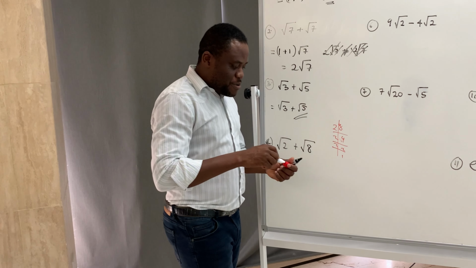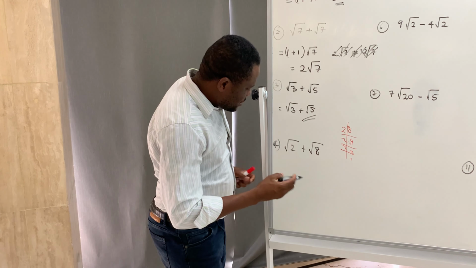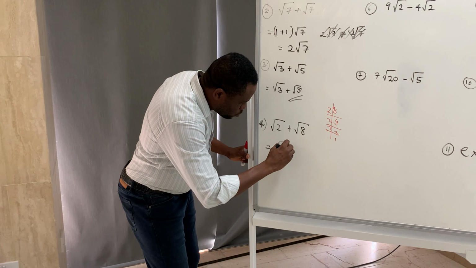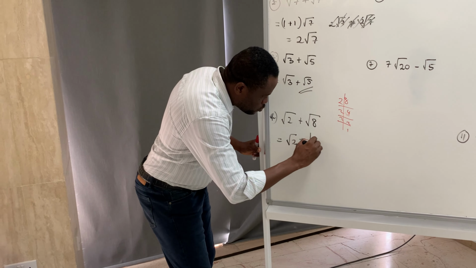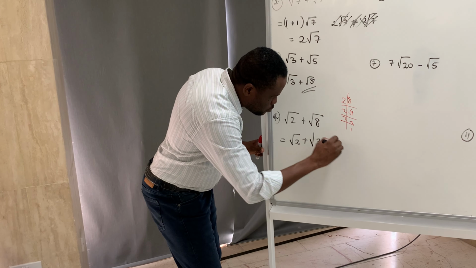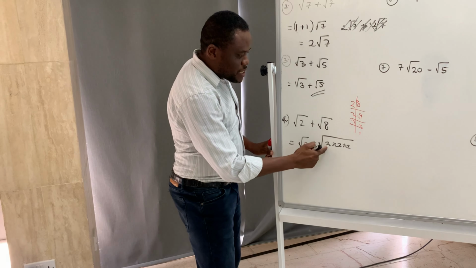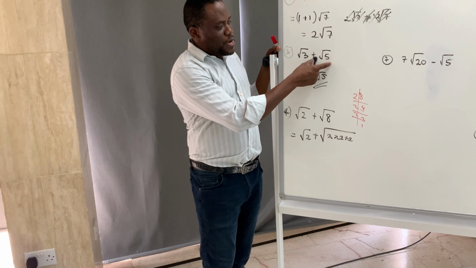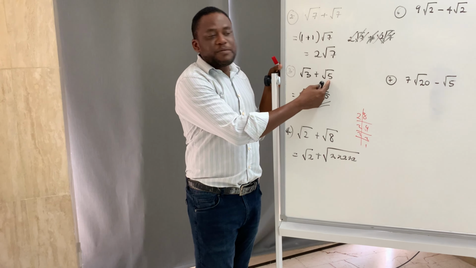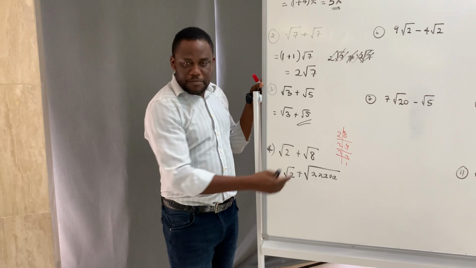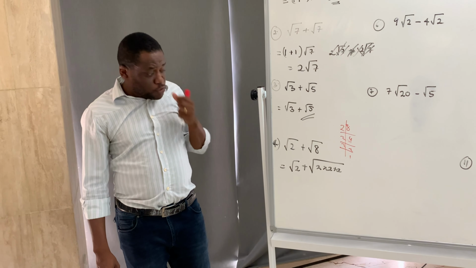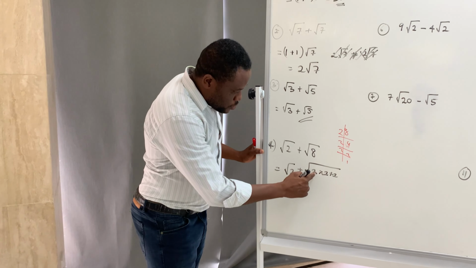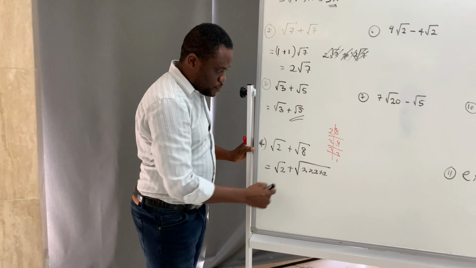So root 8 can be rewritten as root of 2 times 2 times 2. You see, root 2 is not possible to break down. It's already a prime number. But 8 is not a prime number. So 2 times 2 times 2 is 8.